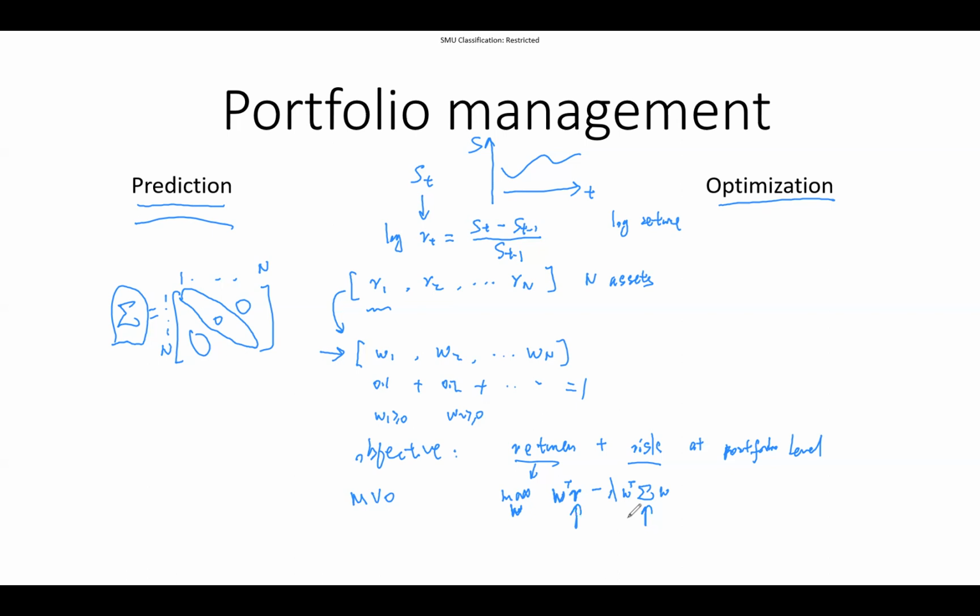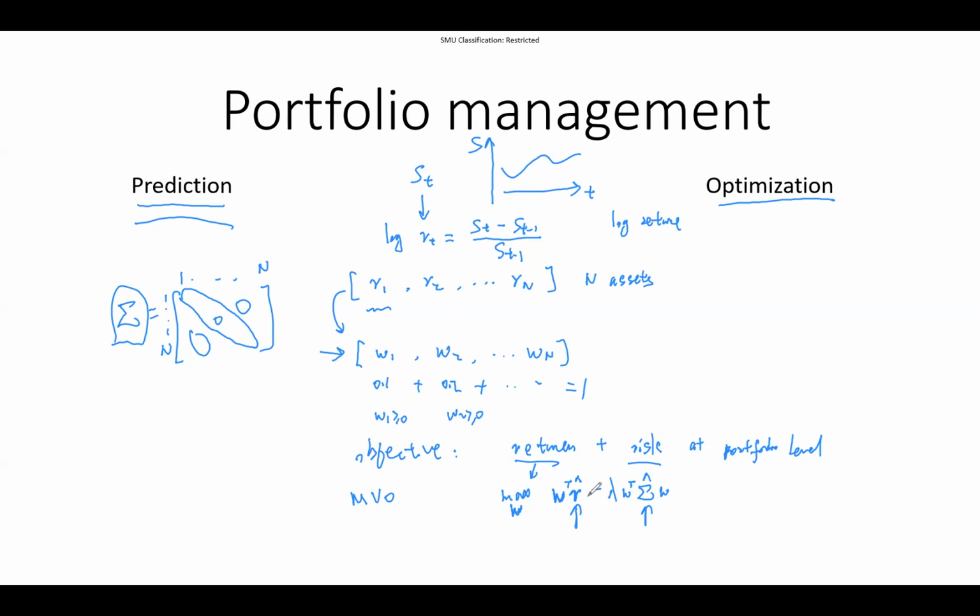In reality, we do not have access to these two terms because they represent future expected return and covariance. So instead we use forecasts, denoted with a hat: R hat is the forecasted return, and sigma hat is the forecasted covariance. This is where prediction comes in.